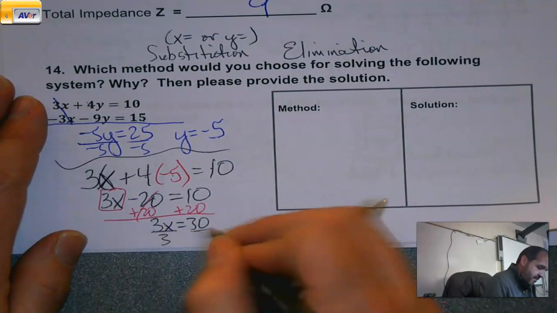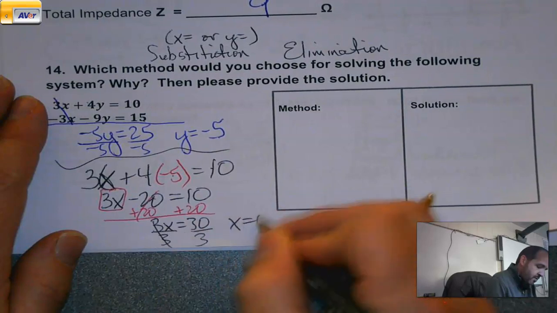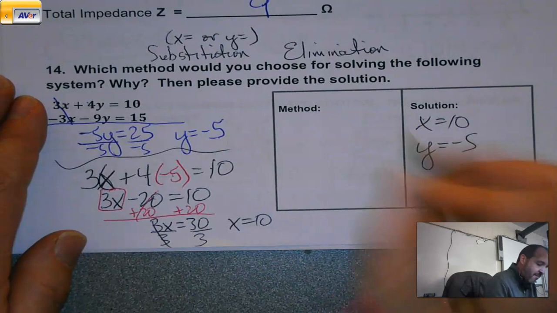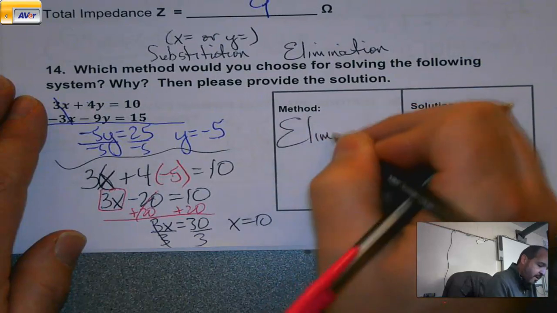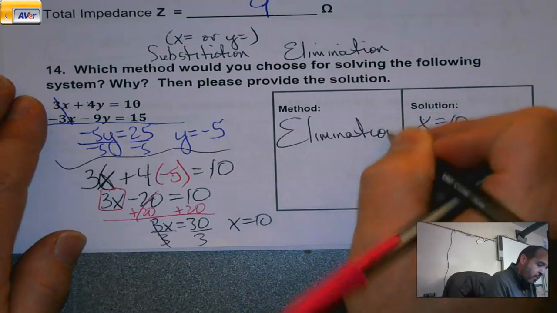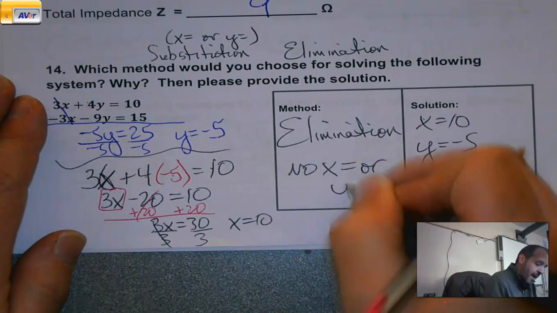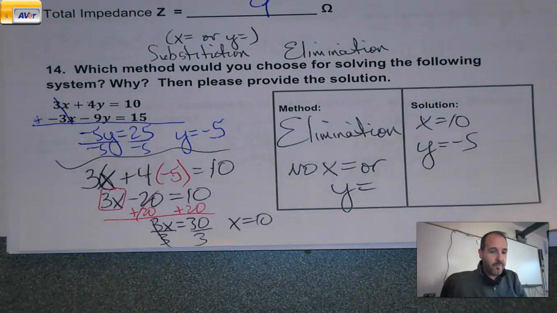Go ahead, divide that out. X equals 10, y equals negative 5. Method, elimination. Why? No x equals or y equals. That's going to make it a little bit simpler.